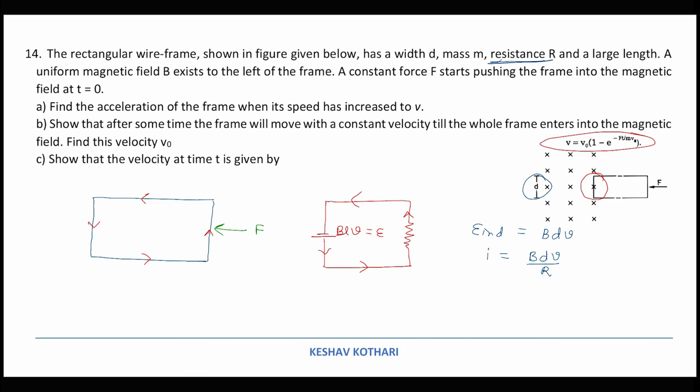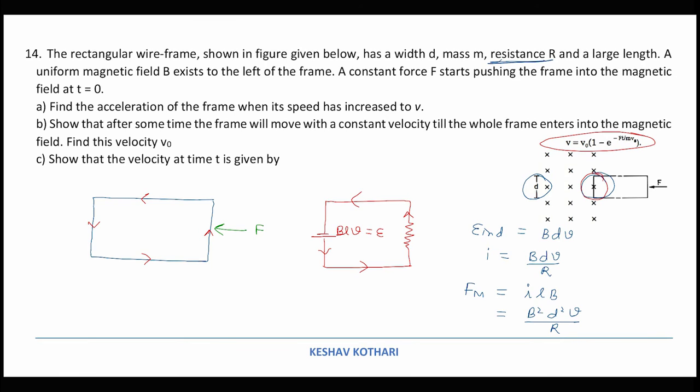Now due to this, a magnetic force will act on this rectangular loop. This magnetic force, which will act on this length of the wire, can be calculated as ILB, and the value of ILB will be obtained as B square d square v upon R. So the magnetic force is B square d square v upon R. Now the direction of magnetic force can be calculated using Fleming's left hand rule.